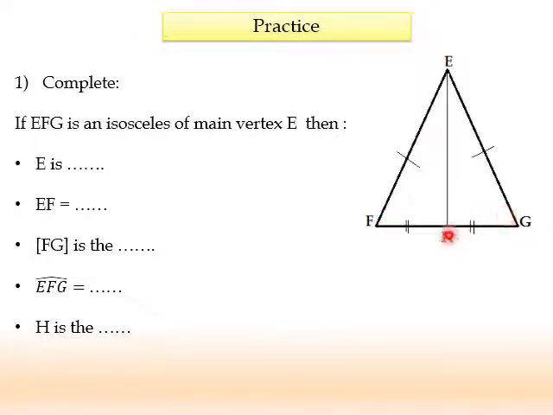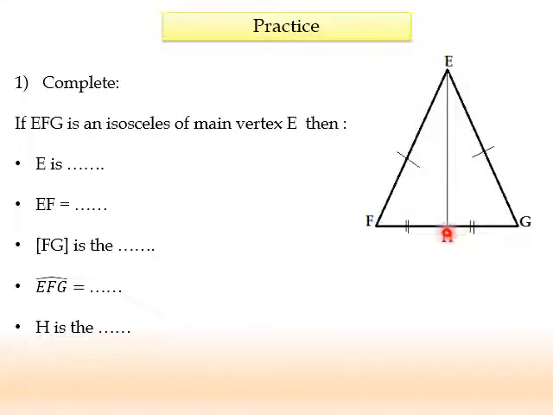Okay, and here, since we have FH equal to HG, H is the midpoint of FG, so I can say that EH is the median relative to FG. And here, since EH is perpendicular to FG, then EH is the height.